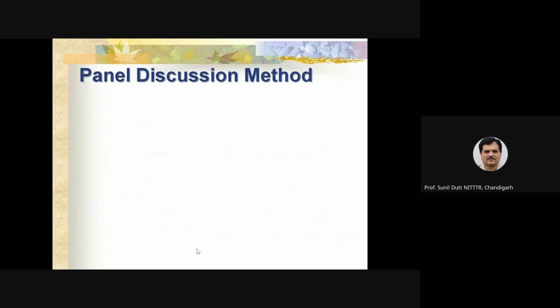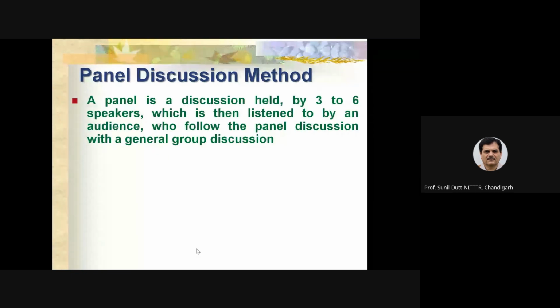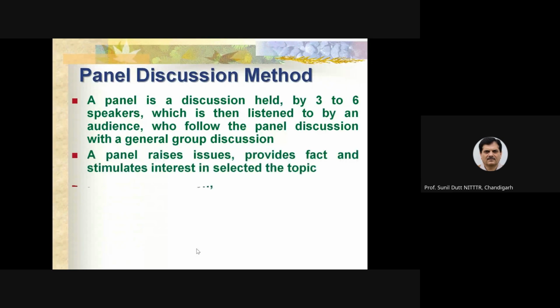Another is, sometimes you can use the panel discussion method also: select a topic and then select 3 or 4 speakers. This would be listened to by all the participants, and then a general group discussion would be held at the end. So the panel can raise issues, can provide facts and stimulate interest.